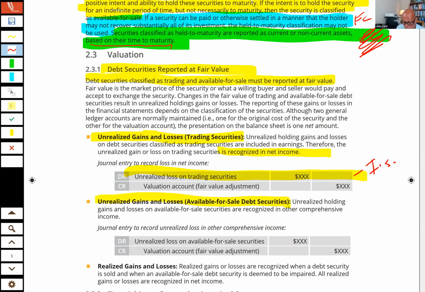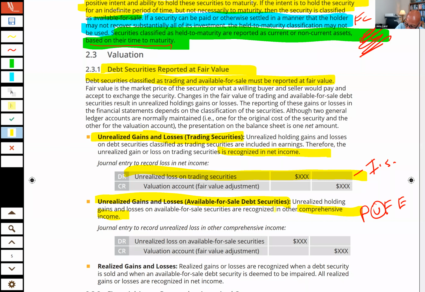If it is an unrealized gain or loss on an available for sale security, then that's going to be part of comprehensive income. So now that becomes what? PUFE. That's the U in PUFE that we talked about in chapter 4. And so that's going to be part of my other comprehensive income.